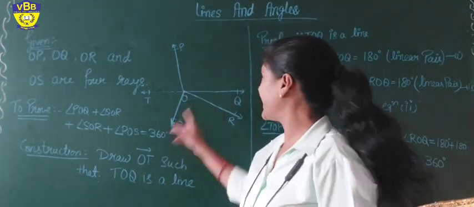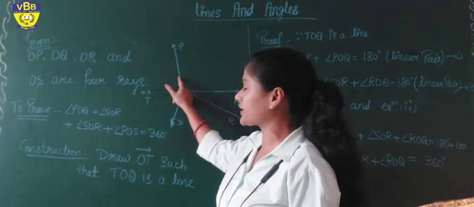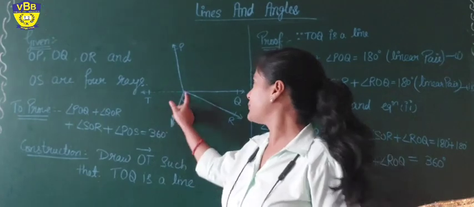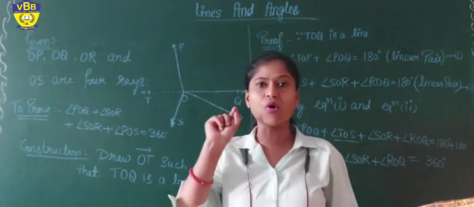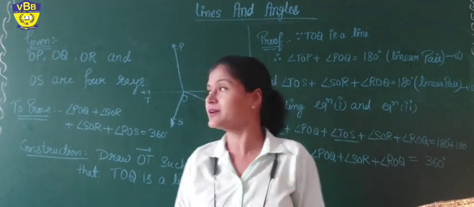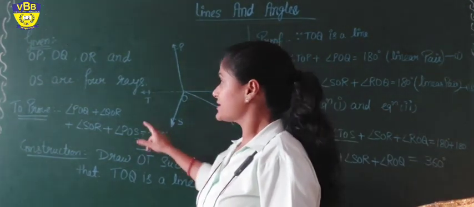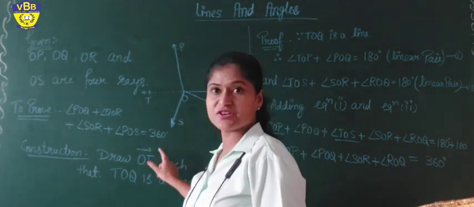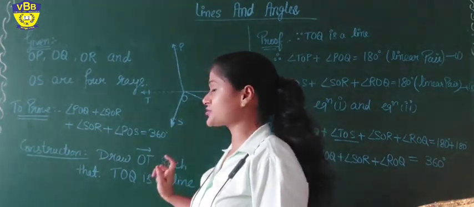You need to prove the angles made by these four rays equal 360 degrees. As we know, the angle made around a point is a complete angle, equal to 360 degrees. So we need to prove this. We write what is given and what we need to prove here.